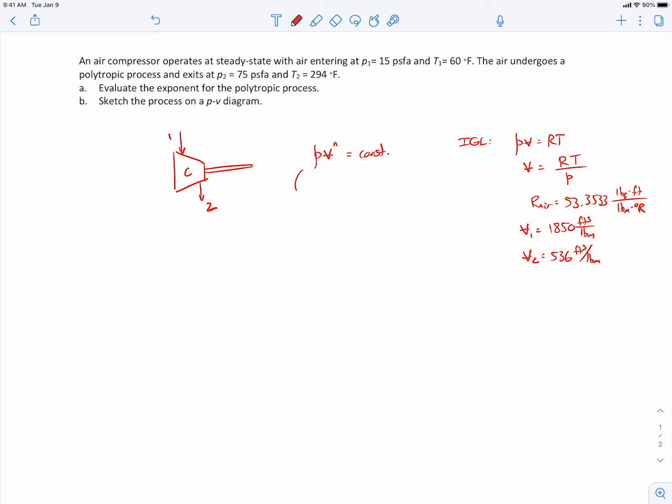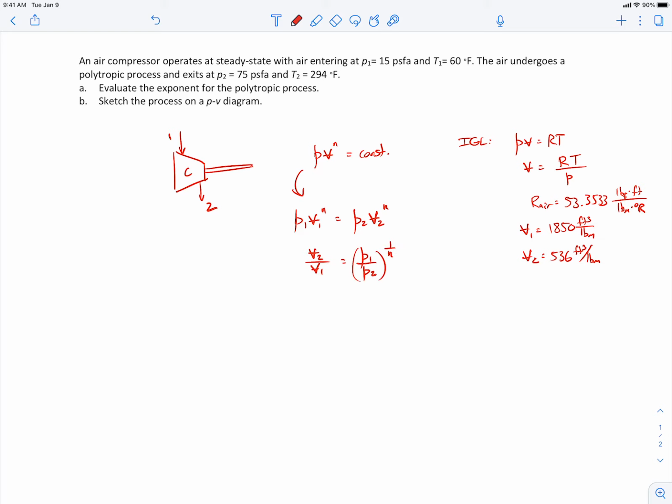And then we can use our polytropic process relation. So P1 v1 raised to the n is going to be P2 v2 raised to the n. Then let's do just a little rearranging of this. So we'll have v2 over v1 is equal to P1 over P2 raised to the 1 over n.